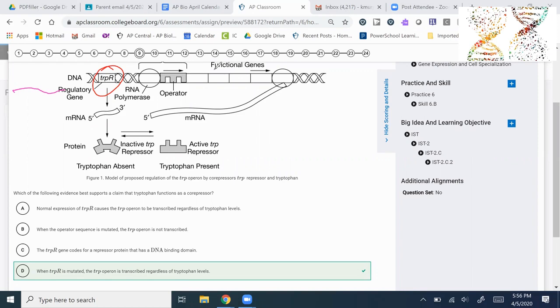So basically, you mutate this, you're not going to get your repressor. So regardless of whether there's tryptophan present or not, it's not going to play a role in whether that repressor is in the operator or not. So that's why that's the answer.